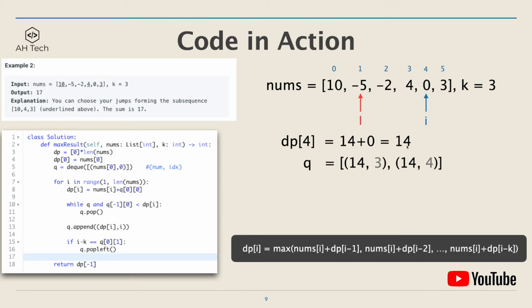And we will push 14, 4 into Q. And here you can also notice that since the width of the sliding window is 3, the left pointer, which is the left boundary of the sliding window, will now be pointing to index 1.